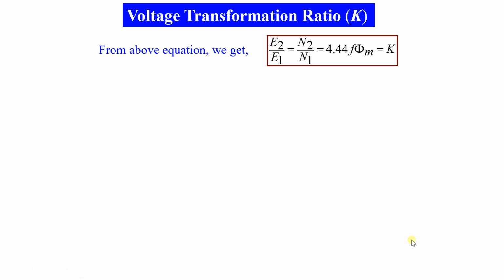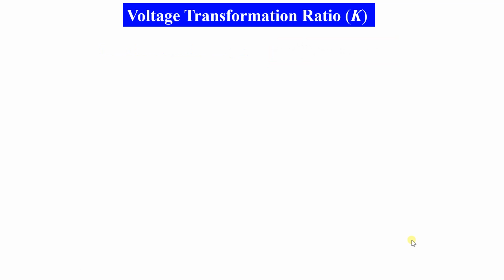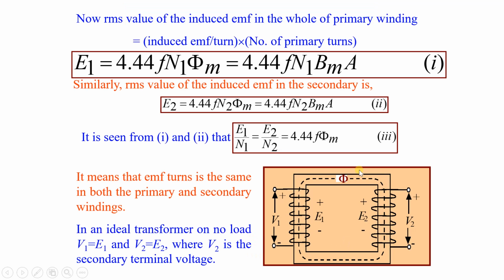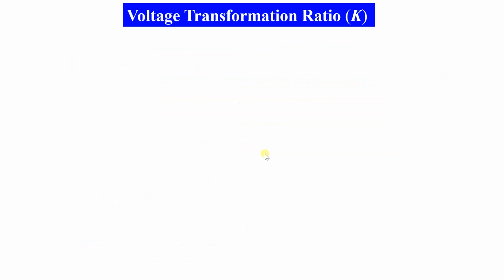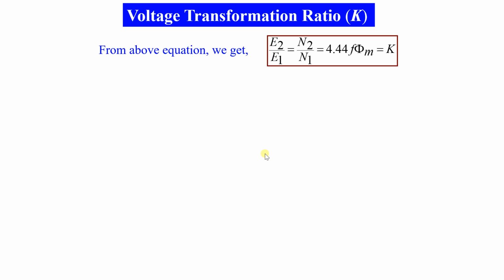Then the voltage transformation ratio, as we talked about in this equation, E1 upon N1 is equal to E2 upon N2. So the voltage transformation ratio E2 upon E1 is equal to N2 upon N1 is equal to K. This K is called the voltage transformation ratio.